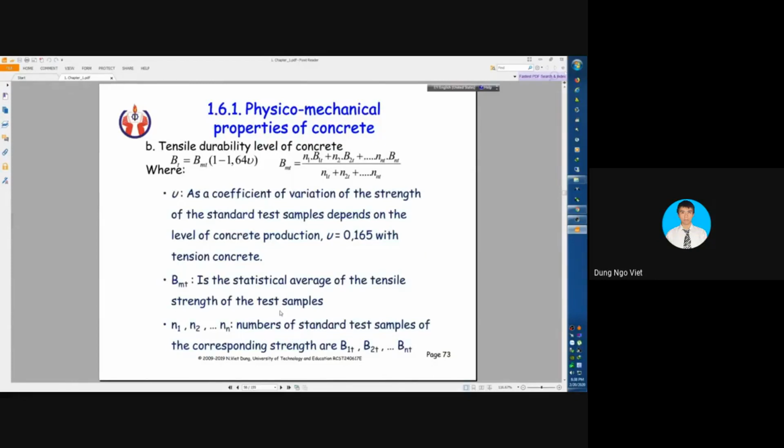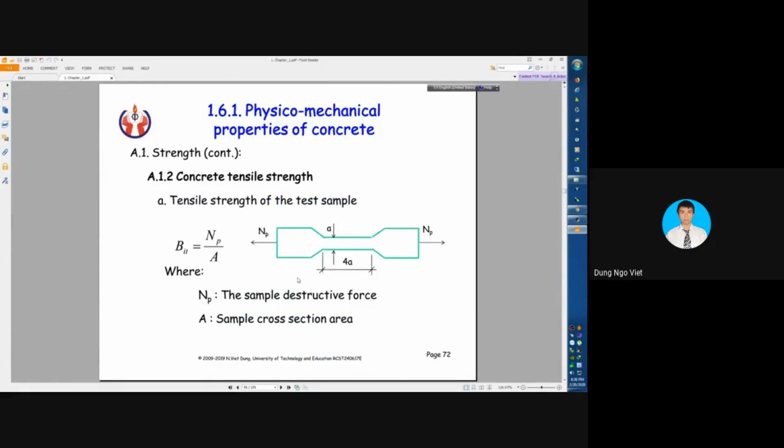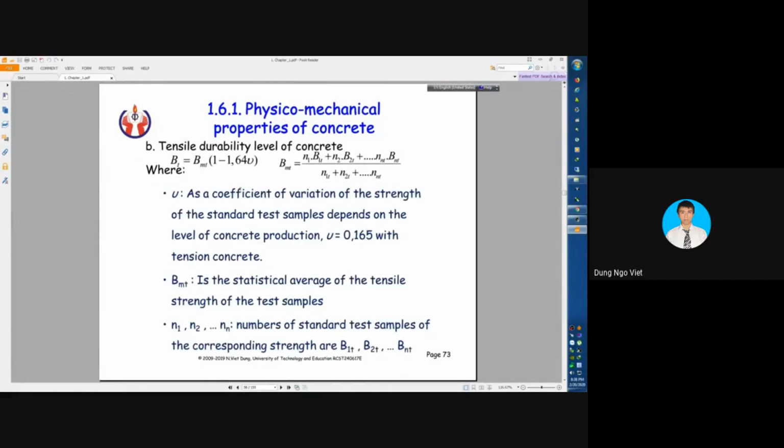So after taking the experiments here, we get the results of B1T, B2T, and so on to BNT. And we use the N1T number of samples for the B1T and other similar.